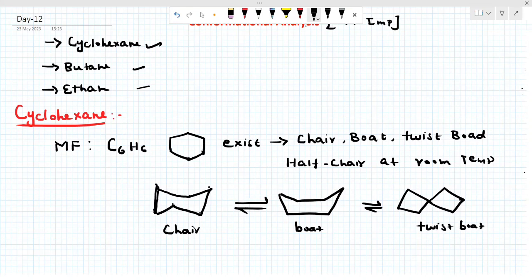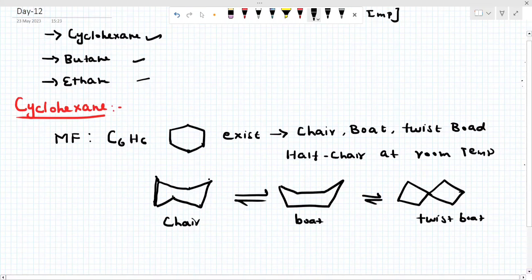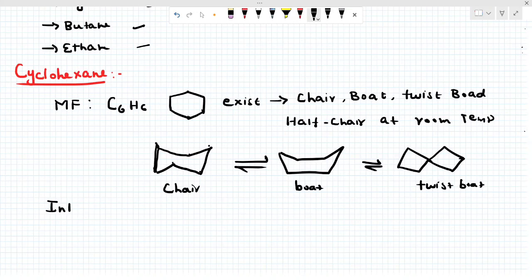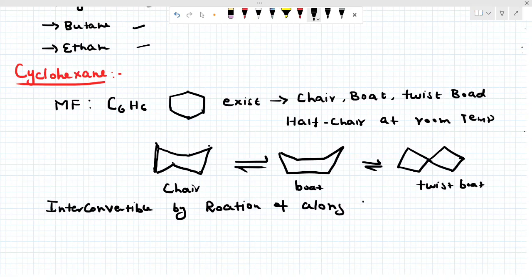Now this interconversion can happen by rotation along a carbon single bond.